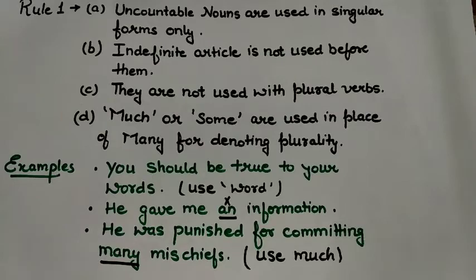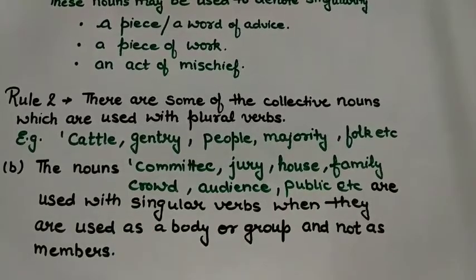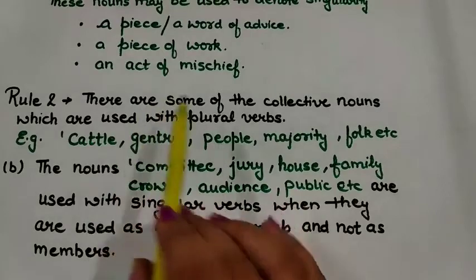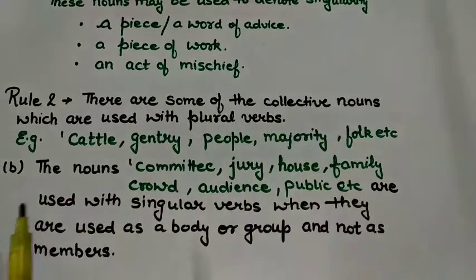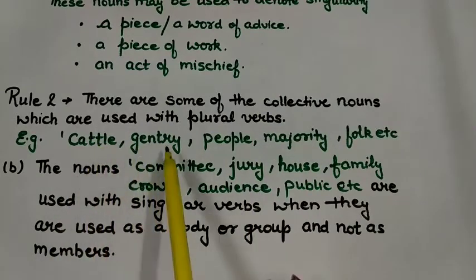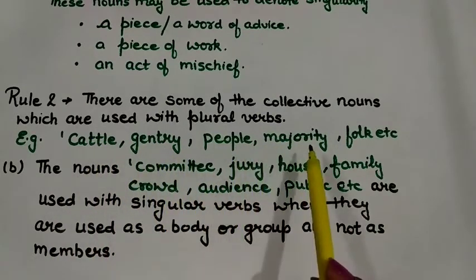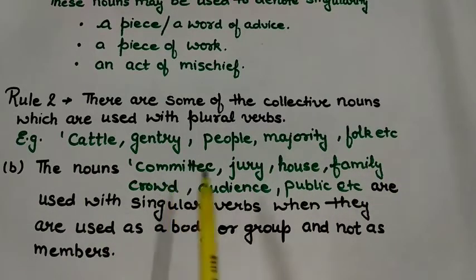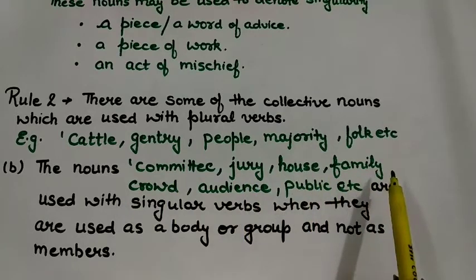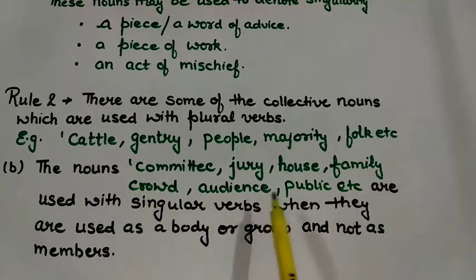Coming to the next rule, that is rule number 2. There are some of the collective nouns which are used with plural verbs like cattle, gentry, people, majority, folk, etc. The nouns like committee, jury, house, family, crowd, audience, public, etc. are used with the singular verbs when they are used as a body or group, but not as individual members.